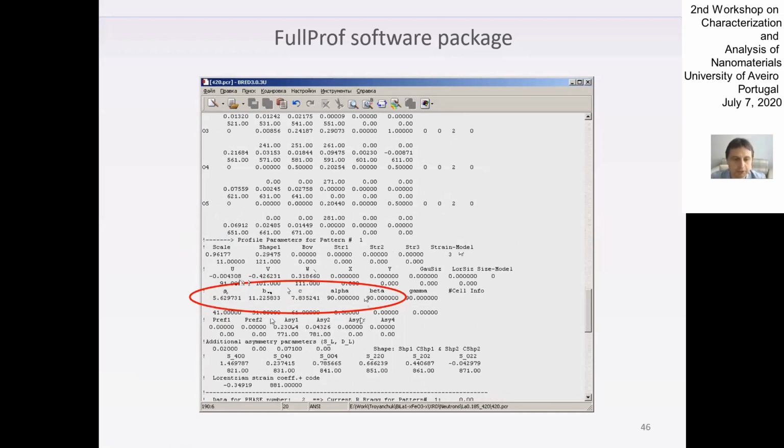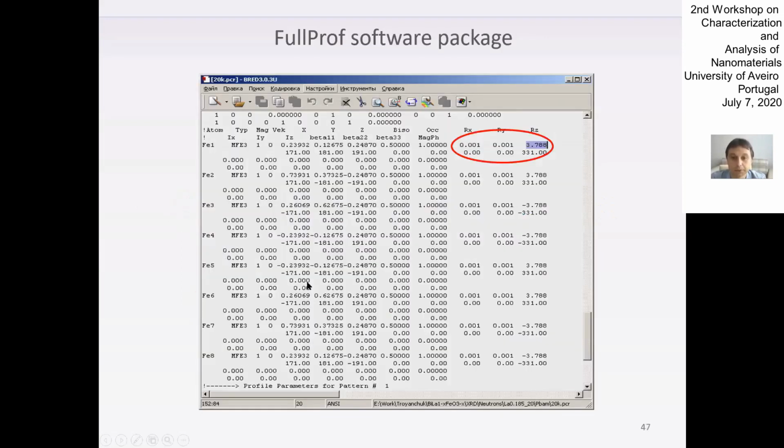This information is written as a text file, and using any editor you can change it, but I prefer to do it by hand. It's easy to control. In this file we put the unit cell parameters, the space group, the ions, the coordinates, and the software just refines these parameters.